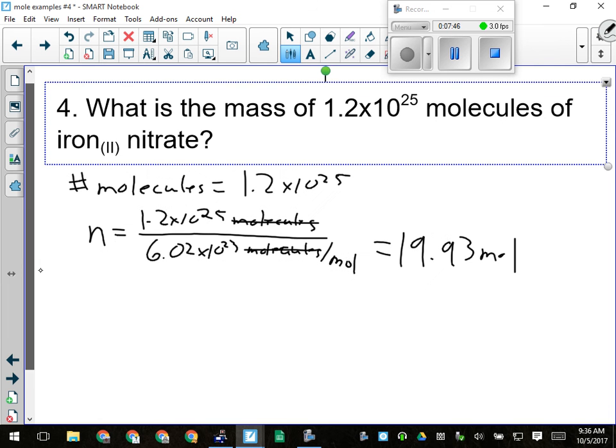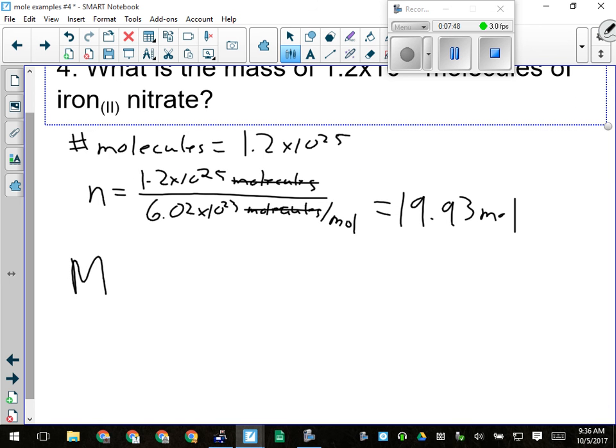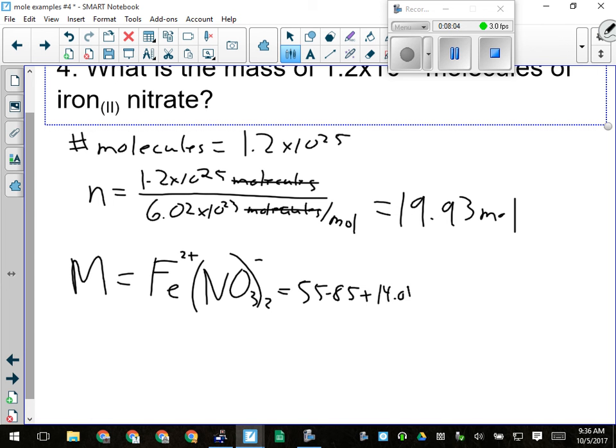Next thing I have to do is calculate the molar mass of iron 2 nitrate. This is iron with the 2+ charge. Nitrate is a -1. So brackets around the nitrate with a 2. So we have 55.85 for the one iron, 2 nitrogens, so 14.01 times 2, and how many oxygens? 6 times 16.